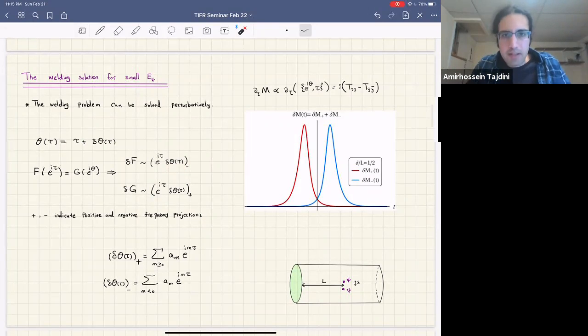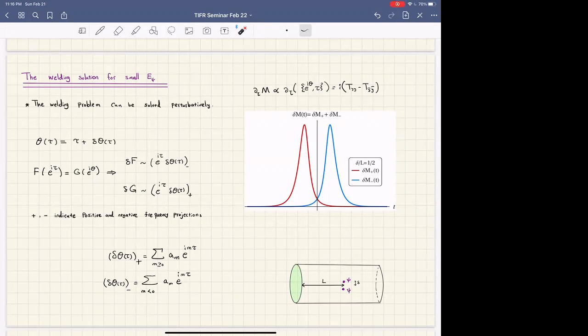Now that you have those functions, you can go to the Lorentzian. So we basically solve this mass, or x of t or theta of t, in some Schwinger-Keldysh contour. We start with Euclidean, but then we evolve them in Lorentzian. And that's basically the result in Lorentzian. Thank you. Yeah, sure.